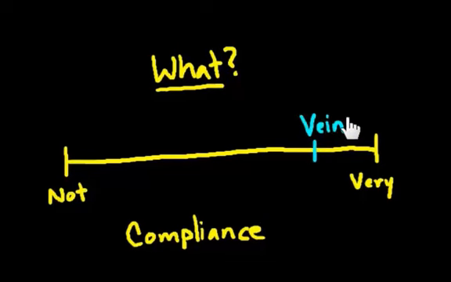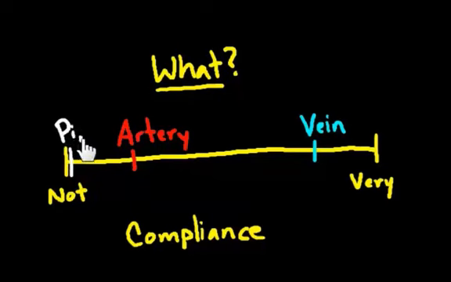Very compliant, right? And arteries are over here. They're not so compliant. They're not completely stiff, but compared to veins, they're not very compliant. So they have much lower compliance than veins. And a lead pipe would be right here, basically right next to not. This would be a lead pipe, right?